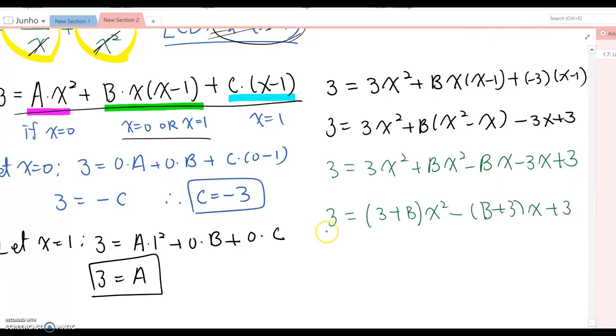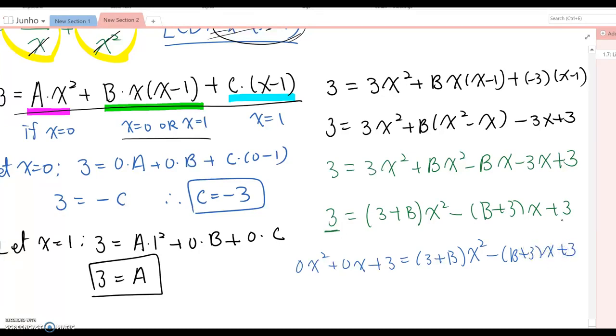Now, because on this side there are no other variables, we can just set them up as 0 here. So we can make 0x squared plus 0x plus 3 equal to (3 plus b)x squared minus (b plus 3)x plus 3.